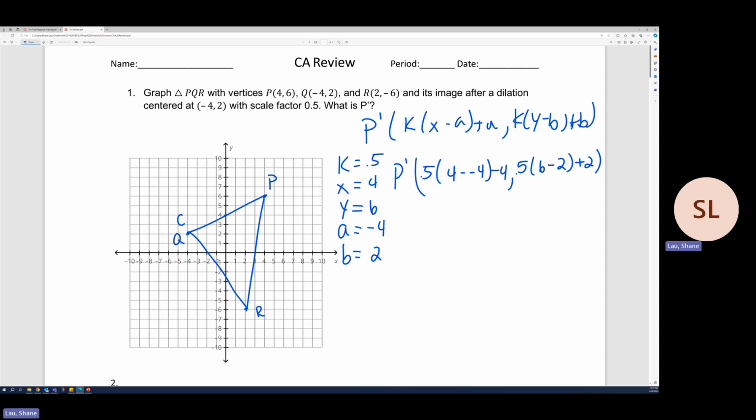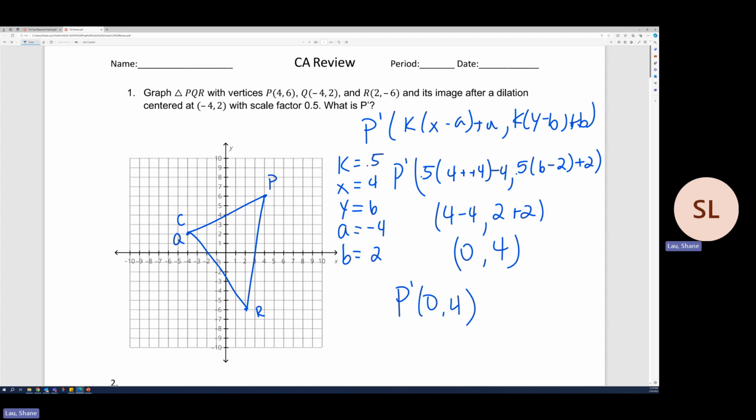And of course, this is our P point. Those are going to add up. Well, 1/2 of 8 is 4, minus 4. 1/2 of 4 is 2, plus 2. We get (0, 4), and this is actually our answer.